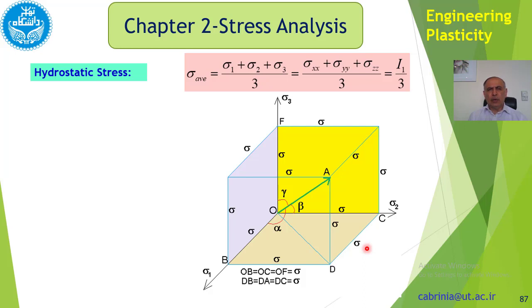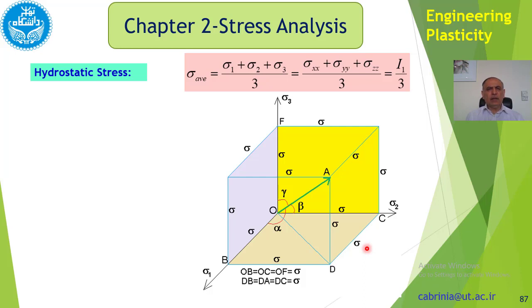I showed you that if you use that coordinate transformation equation, Sn, we could prove that the sum of sigma 1, sigma 2, and sigma 3 is equal to the sum of sigma xx, yy, zz, or eta, xi, and zeta.